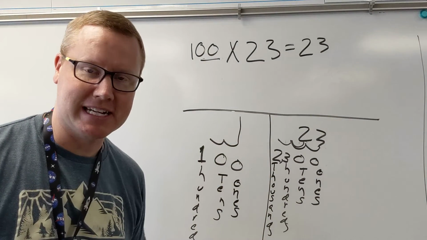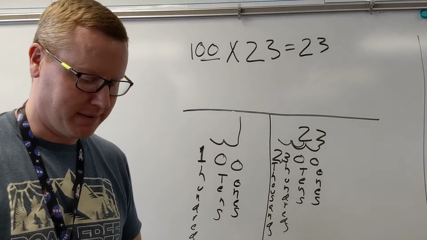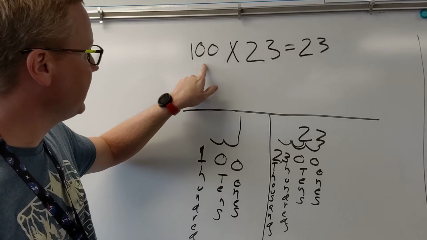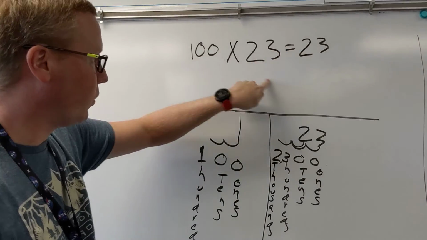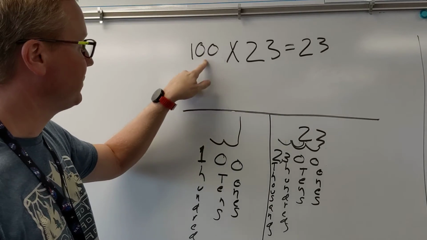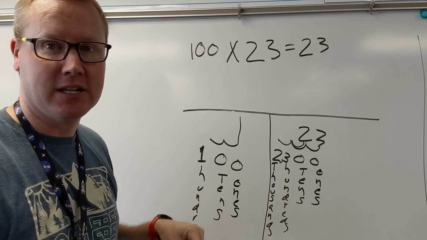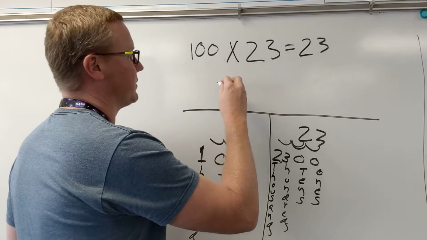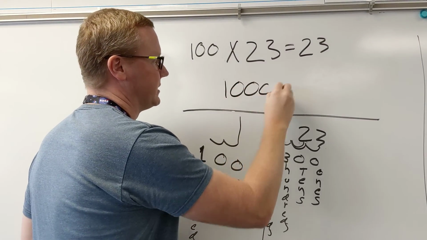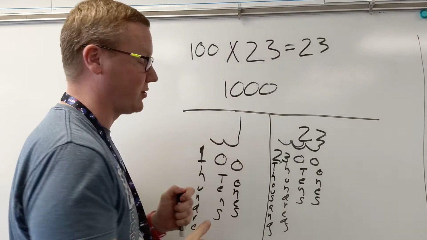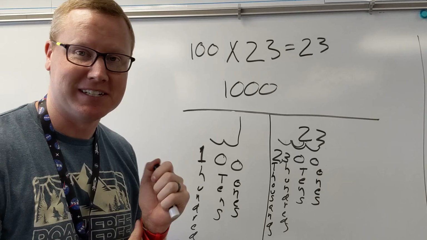A little bit messy, not Mr. B's writing, but what I want you to take away is when you're multiplying by tens, you're moving it over one place value. When you multiply it by 100, you move it over 2 place values. How many do you think you move it over when you multiply by 1,000? You're going to move it over 3 place values, or you're going to be adding 3 zeros.